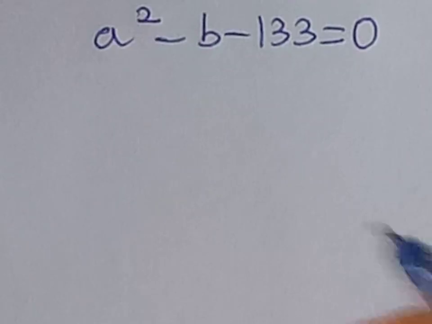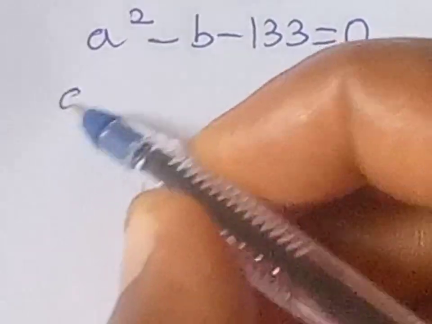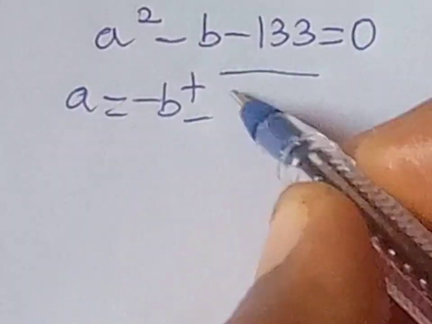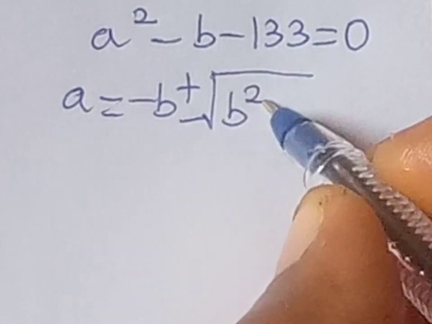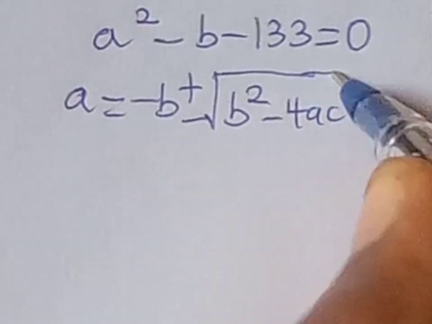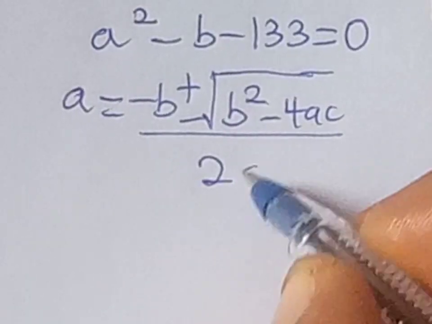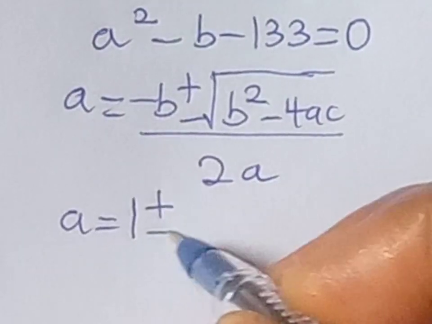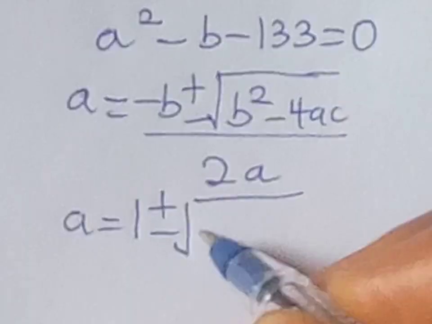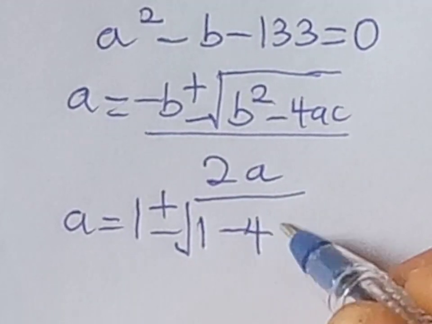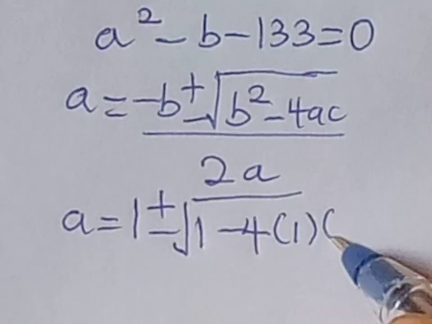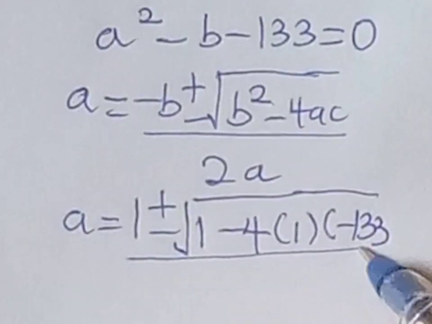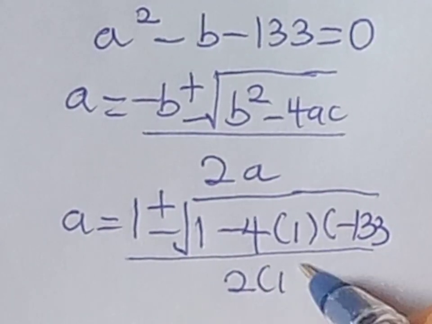Using the quadratic formula, which says a equals minus b plus or minus square root of b squared minus 4ac, divided by 2a, we have a equals 1 plus or minus square root of 1 minus 4 times 1 times minus 133, divided by 2 times 1.